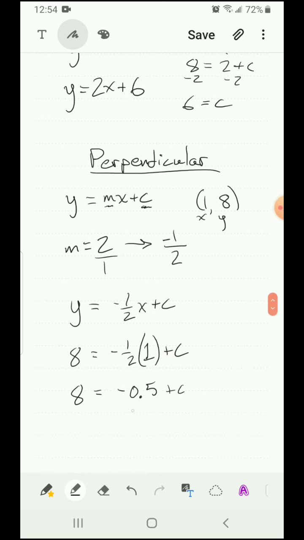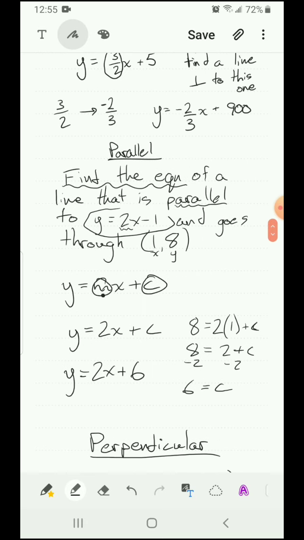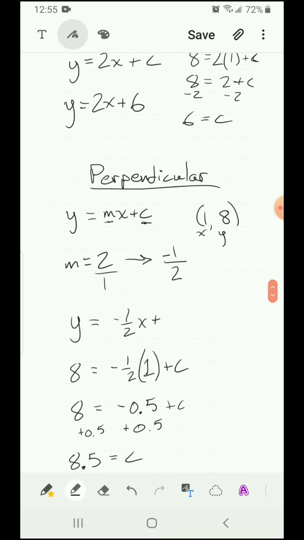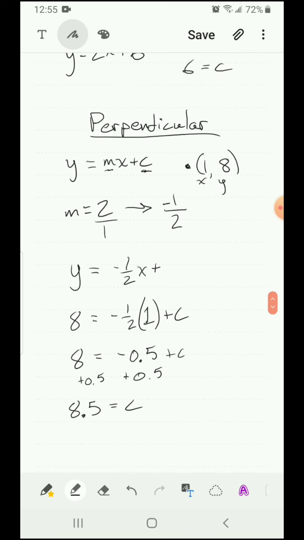Well, now we've got to add 0.5 to both sides. 8.5 equals c. So our line that is perpendicular to this one and goes through this point is y equals negative a half x plus 8.5.